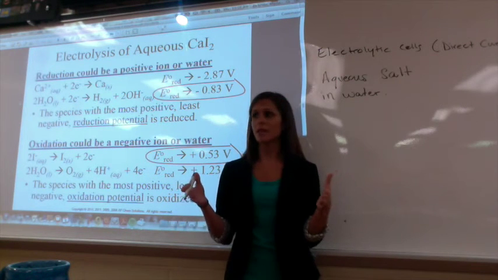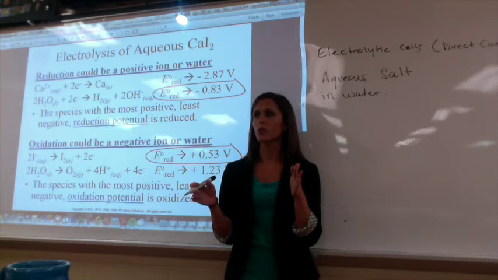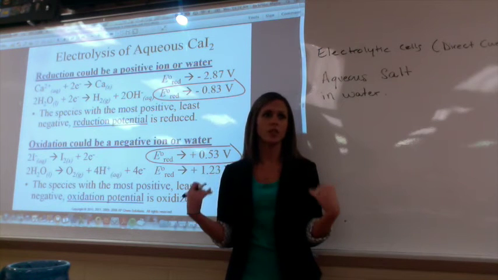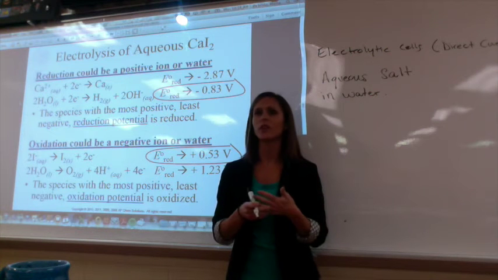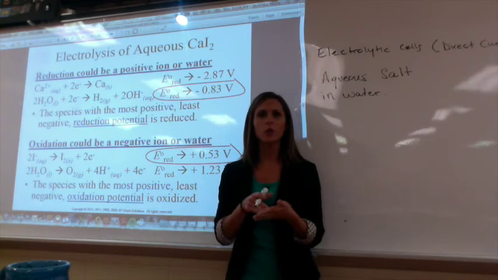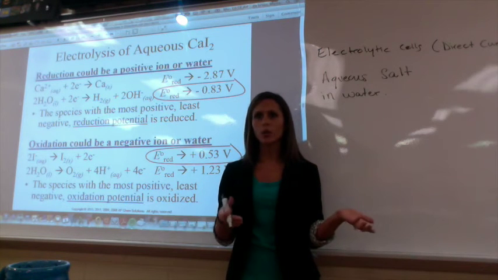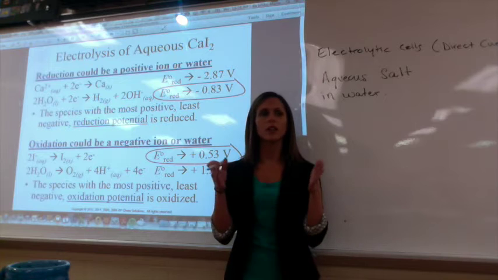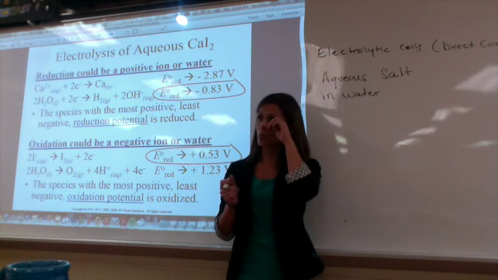His company makes a chlorine generator, and the chlorine generator literally does electrolysis in your saltwater pool. Some people think that they're swimming in a saltwater pool because it makes their skin feel soft, they can open their eyes, there's lots of reasons why they think it's better. But the reason why you have a saltwater pool is so that you don't have to walk to your shed and dump a whole lot of chlorine in your pool all the time, because the electrolysis cell is reacting and creating the chlorine that the pool needs.